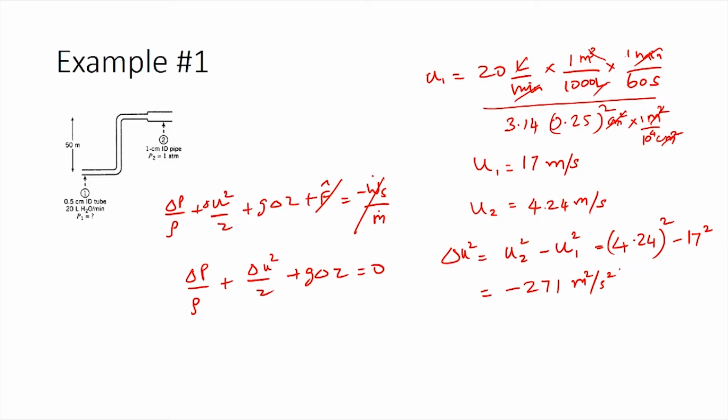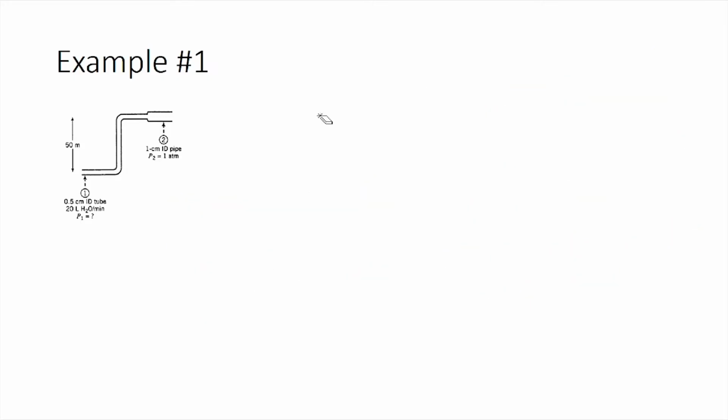We can substitute this value into Bernoulli's equation and we will be able to calculate the pressure drop. We have delta P, which is equal to P2 minus P1, and we have delta Z equal to 50 meters, and we have delta U squared equal to minus 271 meter squared per second squared.